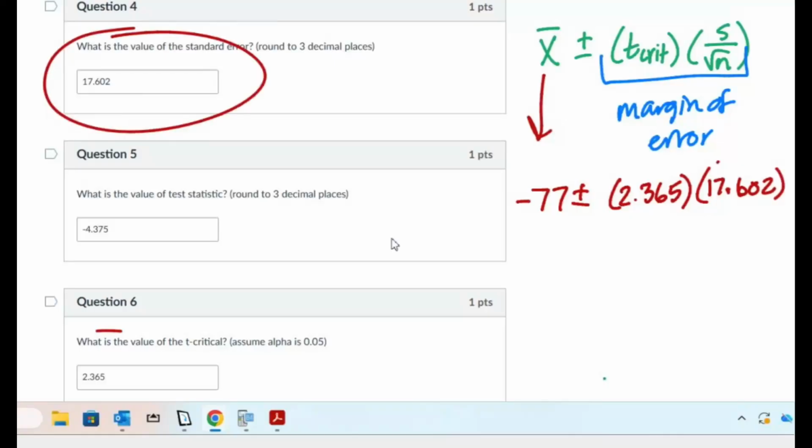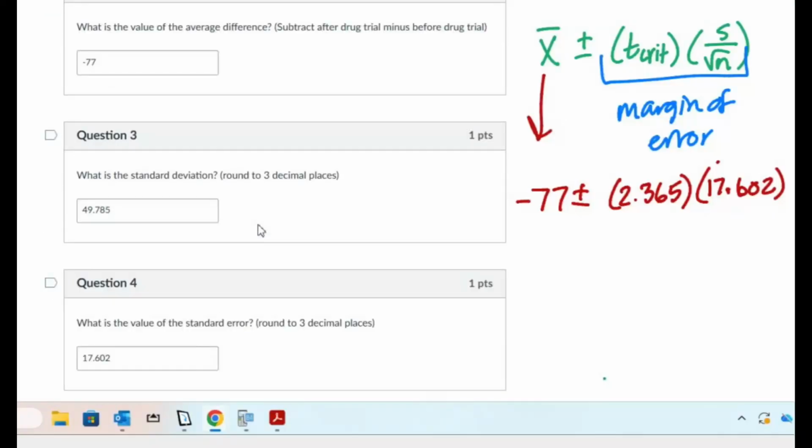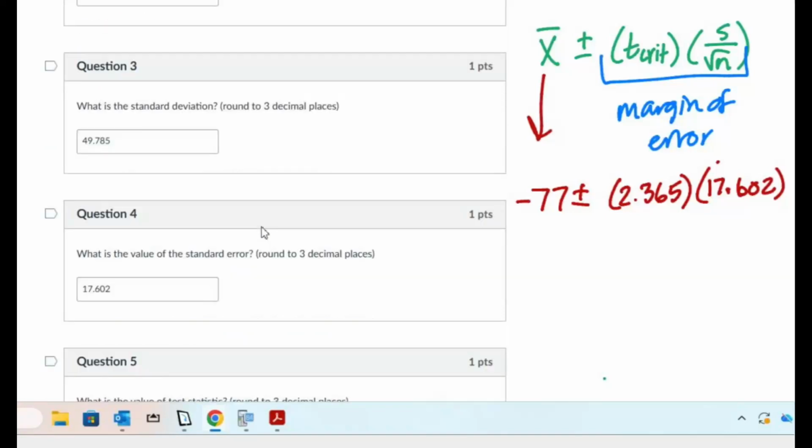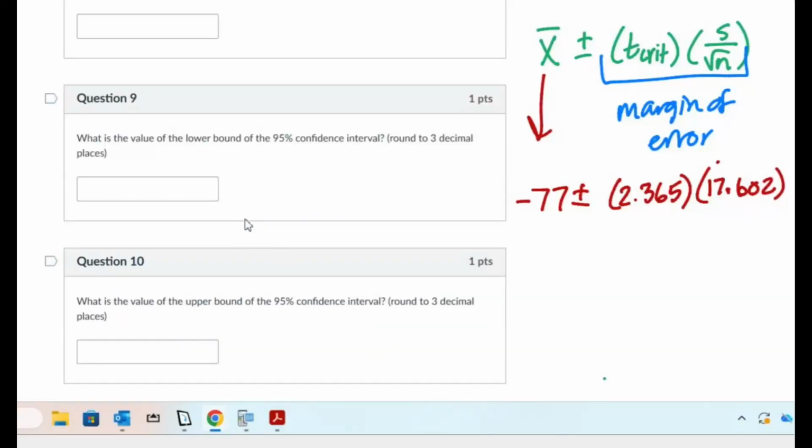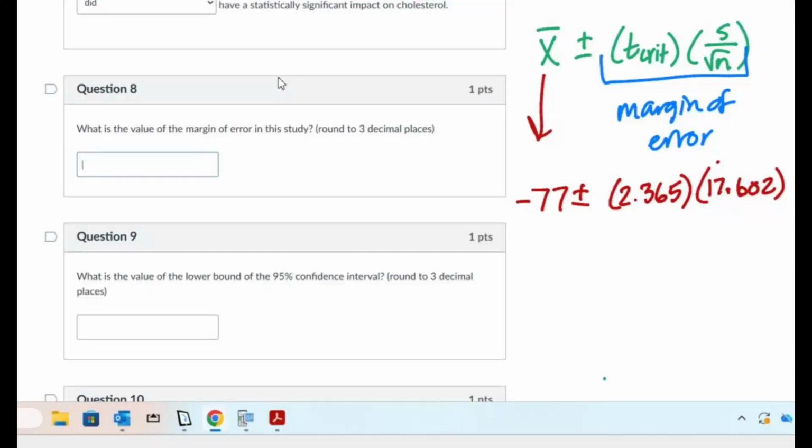We found that right here, and we have T critical right there. That's where those numbers came from. And then the sample mean we found back way at the beginning of the video. So we put everything where it goes. Technically, how this question is structured down here, with the margin of error being right here, we want to multiply.